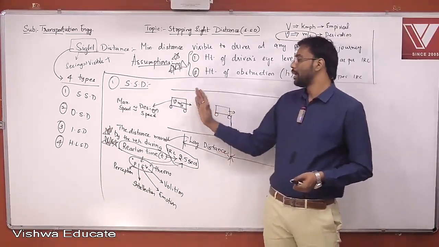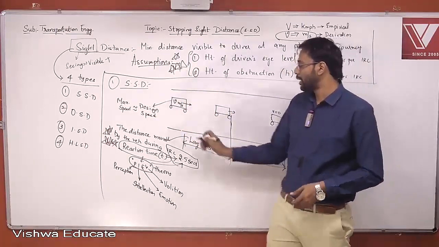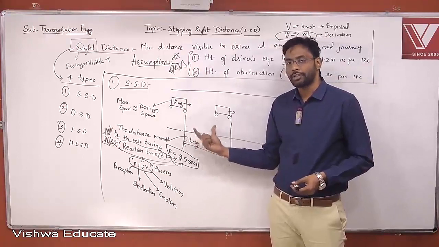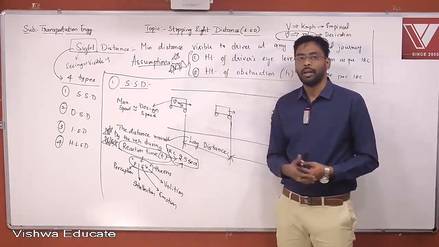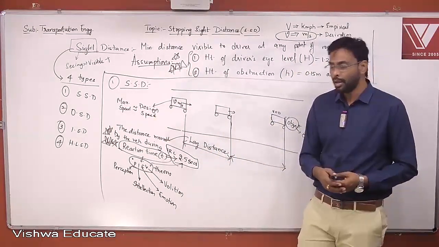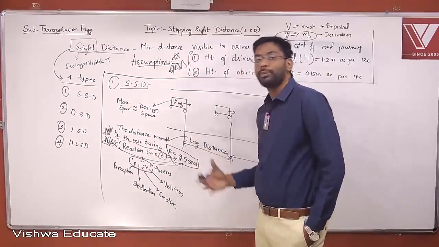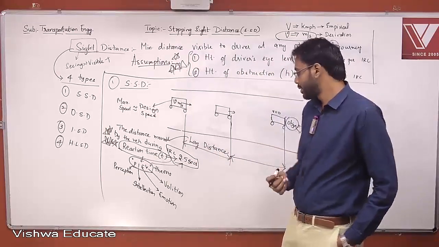So basically, the distance traveled by the vehicle during the reaction time is called as lag distance, right? Now, how much is this lag distance? That is the next thing, right?